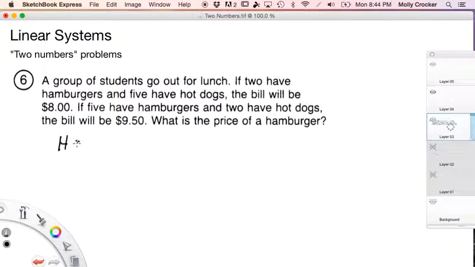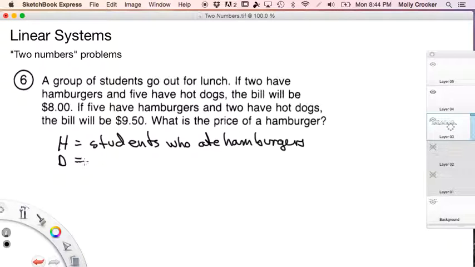Let's call H equal to students who ate hamburgers. And let's call D equaling the students who ate hot dogs.